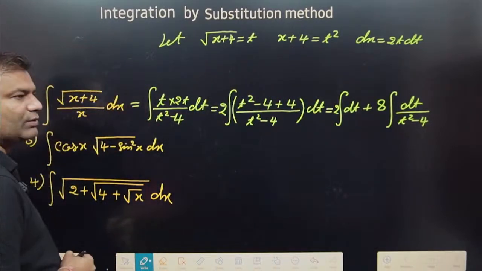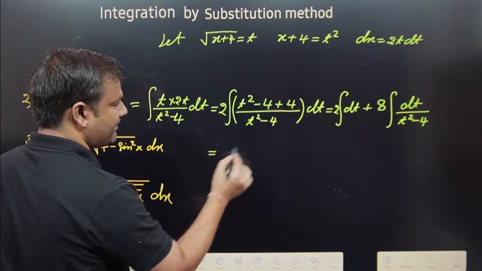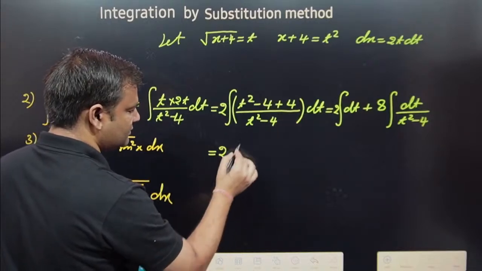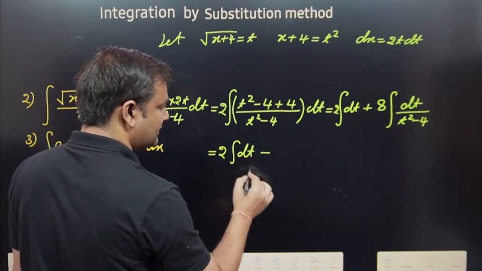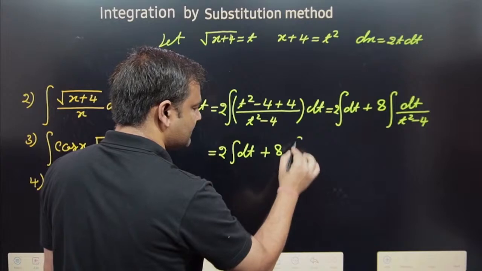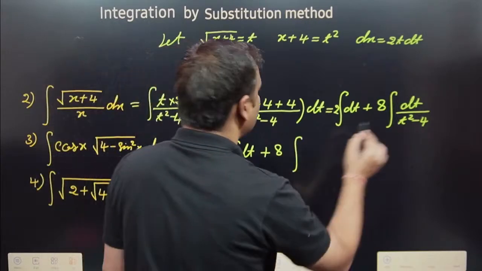How can we solve this type of problem? Simply, this one is written as dt and that one has 8. What about that value?